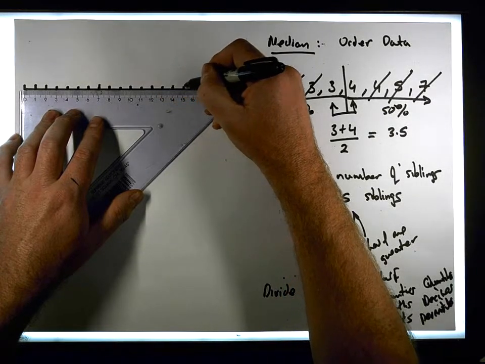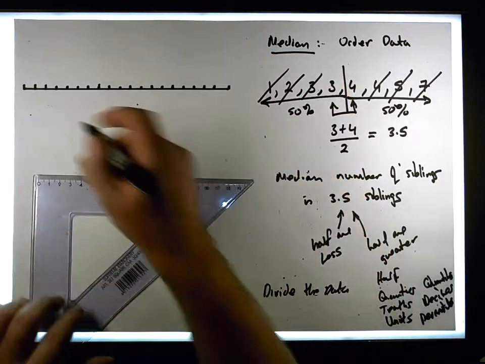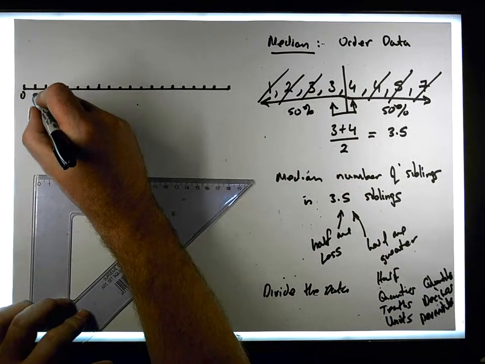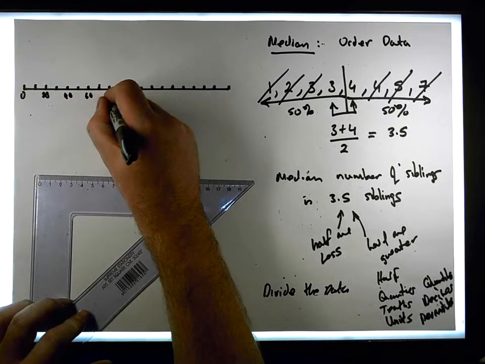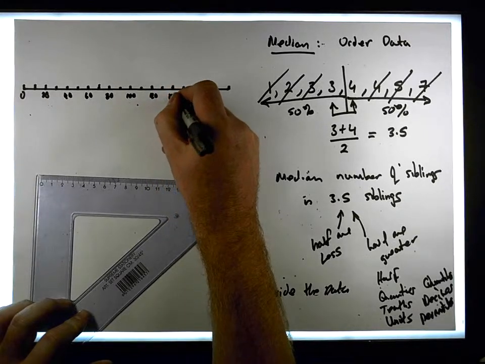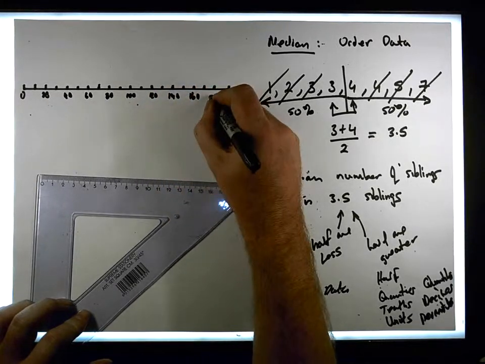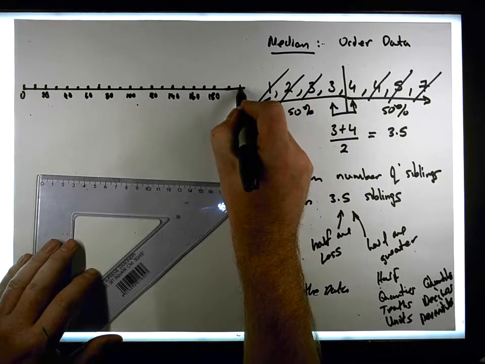Let's say this is 0, this is 20, 40, 60, 80, 100, 120, 140, 160, 180, and so on. Let's just go out to 200 here.